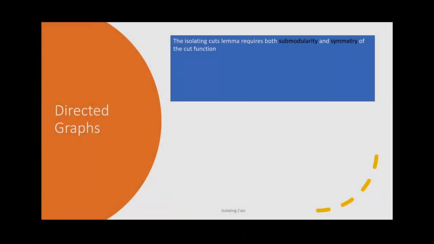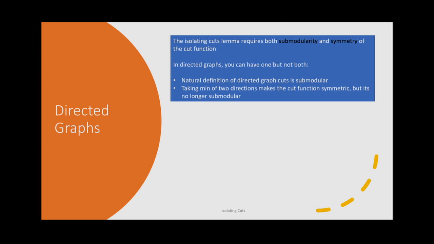Okay, so I want to leave you with my musings about directed graphs. Everything that I said was about undirected graphs and really heavily uses undirectedness of the graph. If you step back and think about it, what are the things that you really needed for any of these proofs to work? For the isolating cuts framework itself to work, you needed the cut function to be both symmetric and submodular.